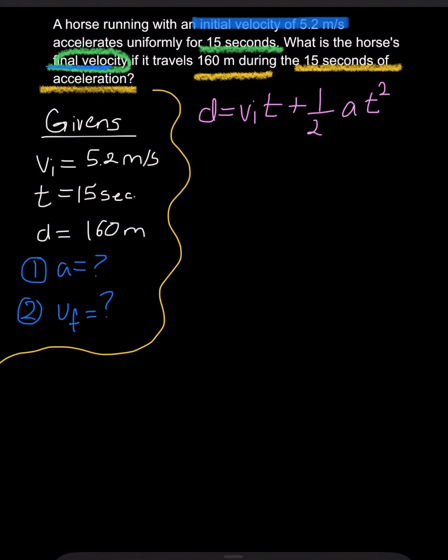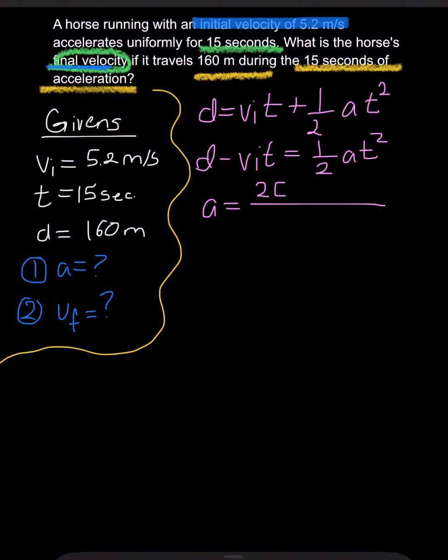So what we're now going to be doing is basically trying to simplify the equation. So we would do d minus v initial times t equals 1/2 a t squared.